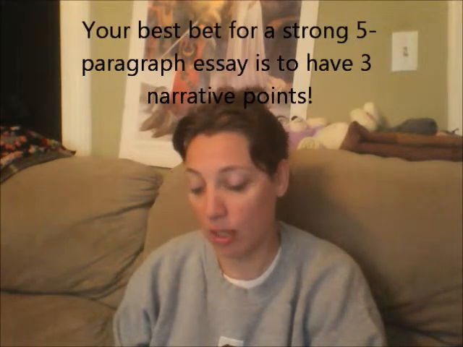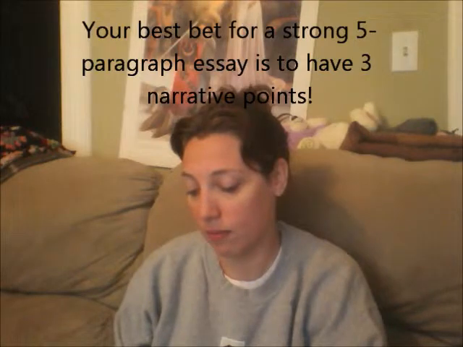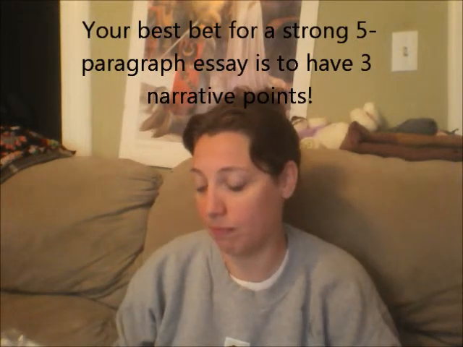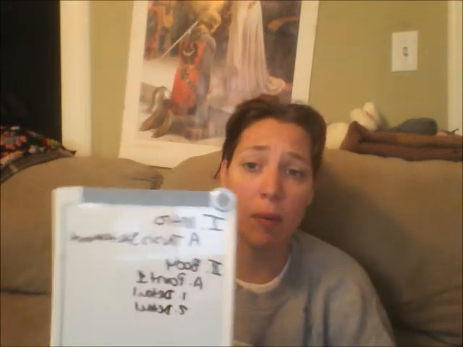Now, the body of your essay will be your narrative points. And you may have 3 or 4 points. You may have 5 or 6. It really will depend on how you structure your essay, how many points you have to make.